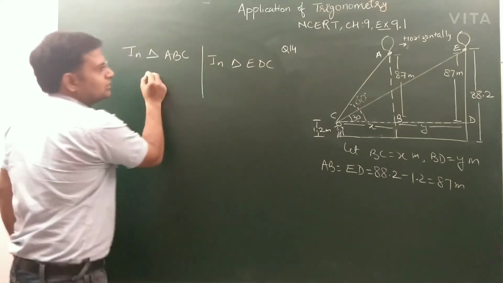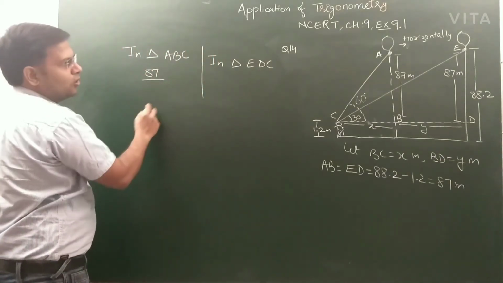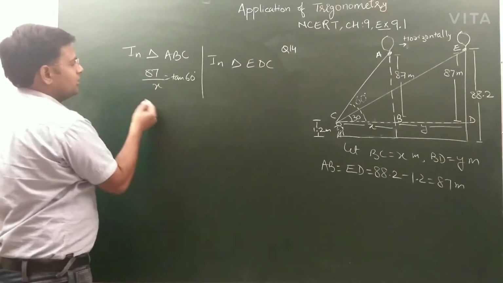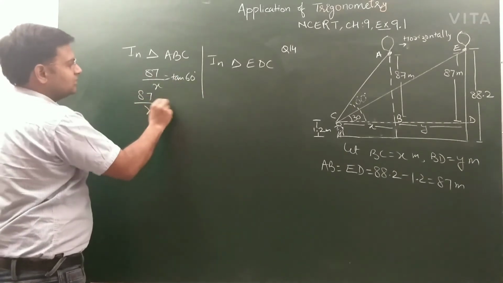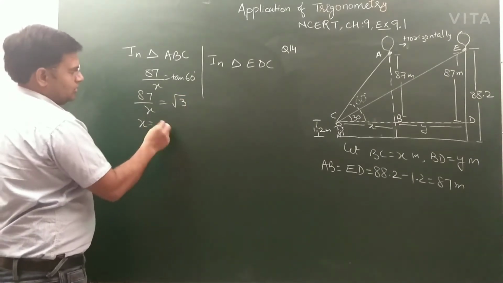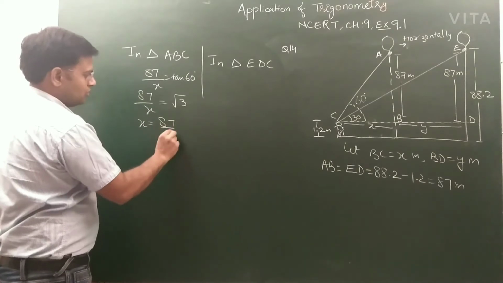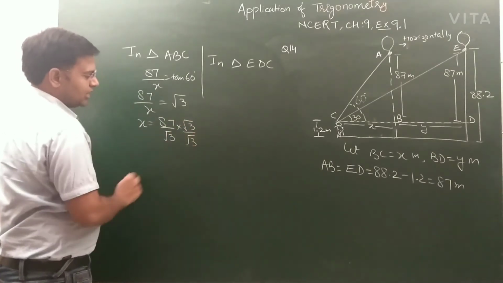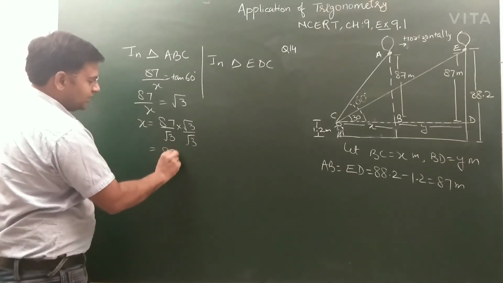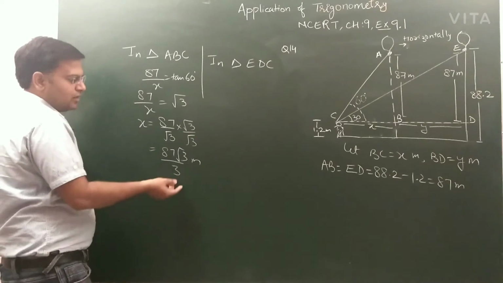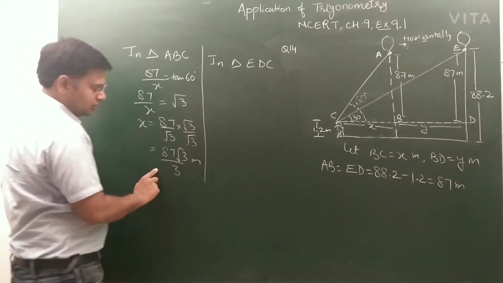So use this: 87 upon x equal to tan 60 degrees. So tan 60 is root 3. So from here x will be 87 upon root 3, which you can simplify. You use this rationalization. So this is 87 root 3 upon 3 meter. We can see how we will use this as equation number 1.